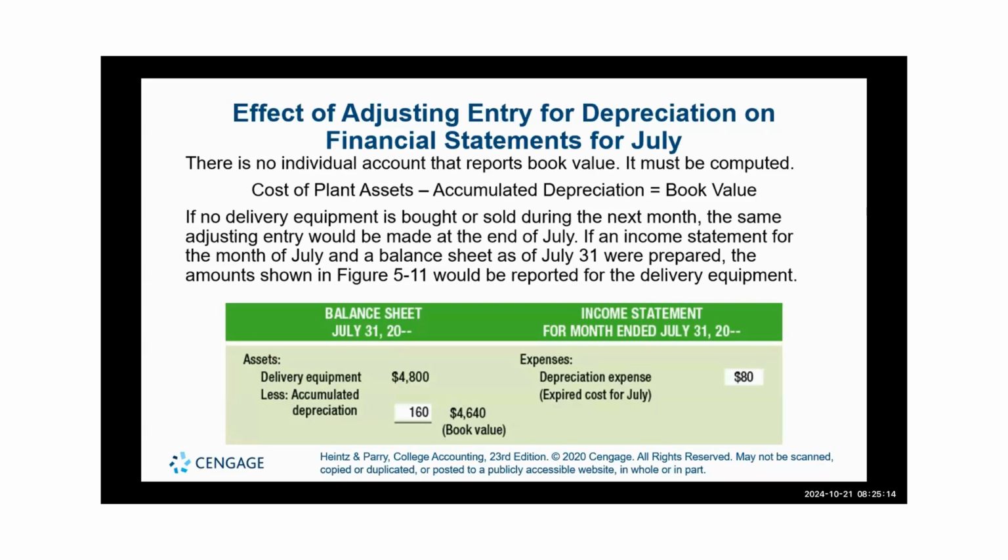If an income statement for the month of July had a balance sheet as of the 31st, the figure would be reported for the delivery equipment. Okay, so here we have 2 months of depreciation, and then we see that in the income statement, we only recognize 1 month as the expense for that month. I don't think this stuff is in the homework, but it's still important to understand.